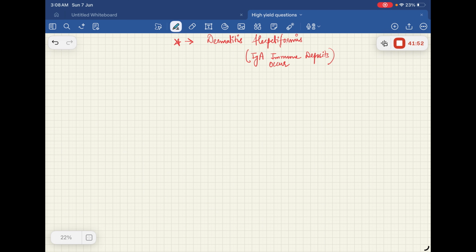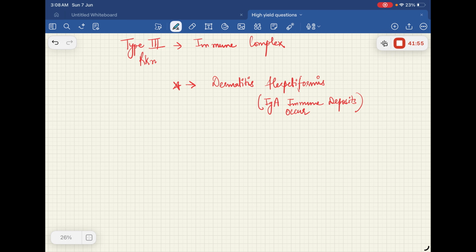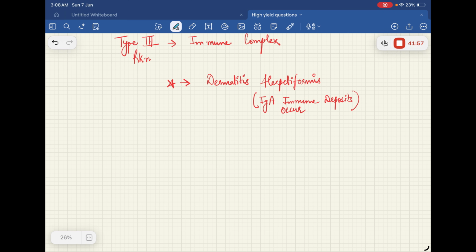And last one is type 4 hypersensitivity reaction. What happens here is that there is an involvement of cytotoxic T cells. So basically killing of the cells occurs by cytotoxic T cells. And which pathology comes under here?